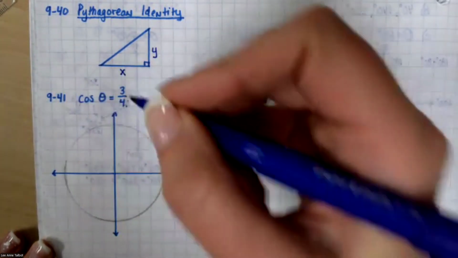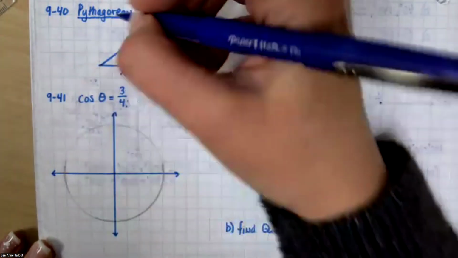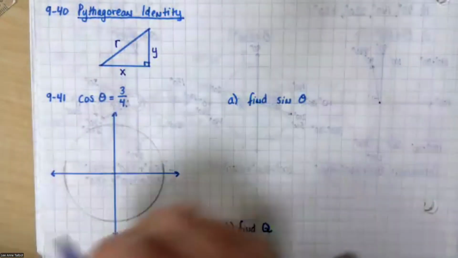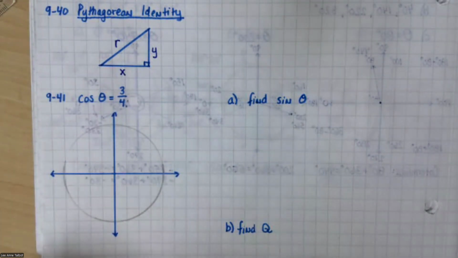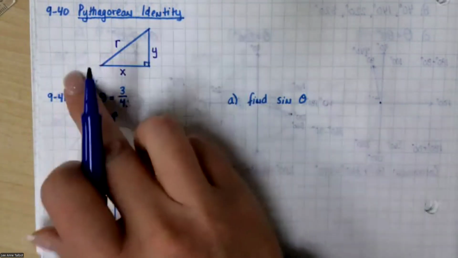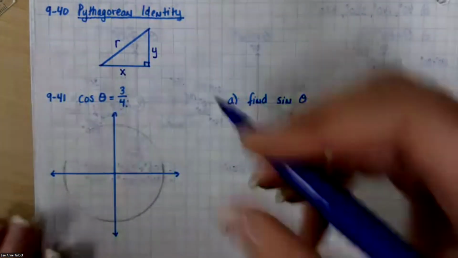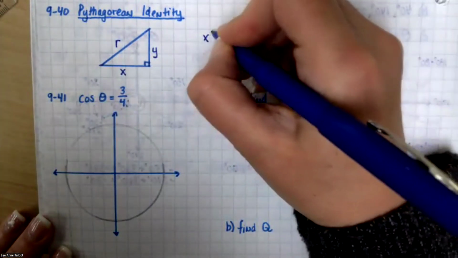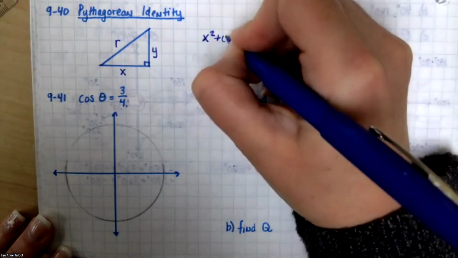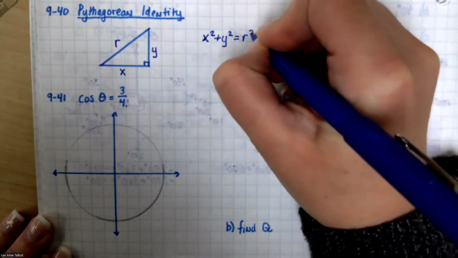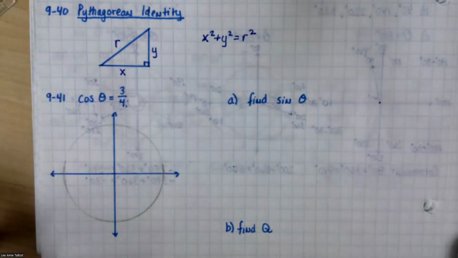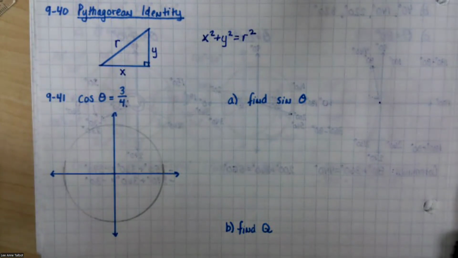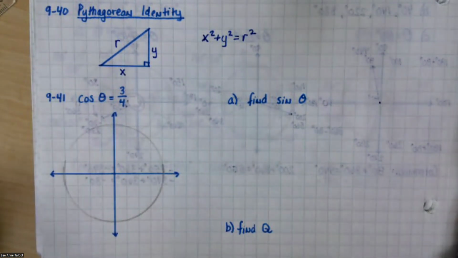And for the hypotenuse, we don't call it C for this, we call it R. Why is it named R? Radius, yeah. So if you keep in mind that that's R and x and y, then Pythagorean identity is x squared plus y squared equals r squared. It's nothing new. It's just a change of letters for our purposes here.